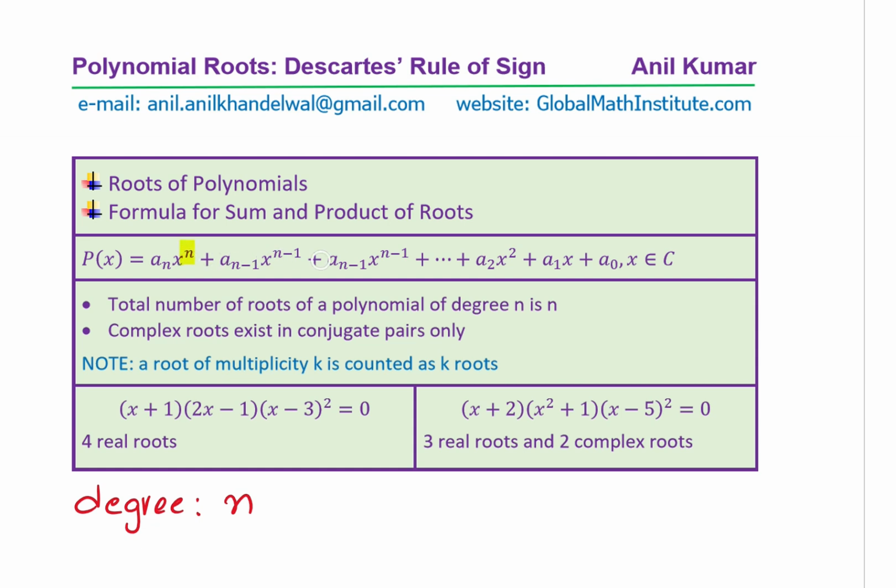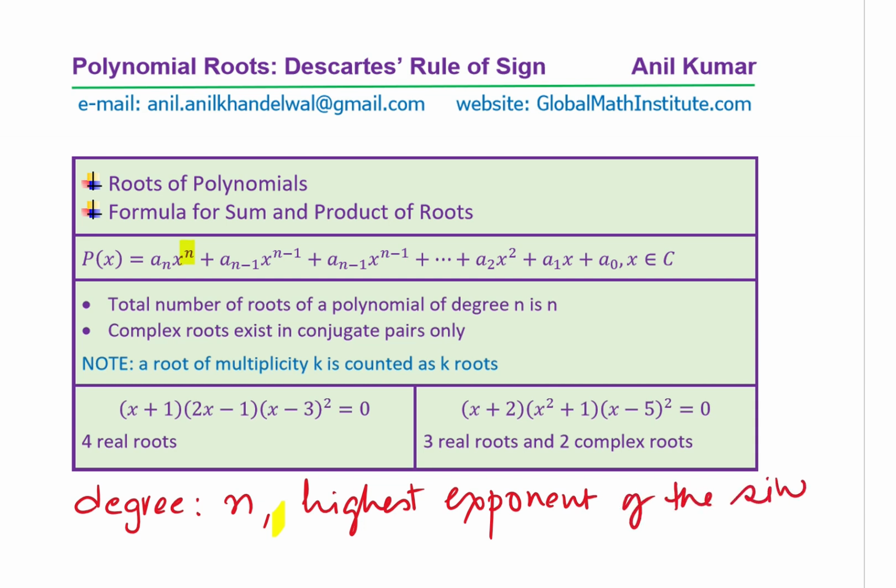Whenever you are given a polynomial, what you should do? You should arrange this polynomial in an order from highest to lowest degree of the single variable x, right? So degree is n, which is basically the highest exponent of the single variable x, correct?